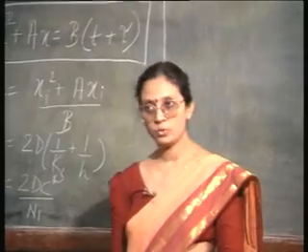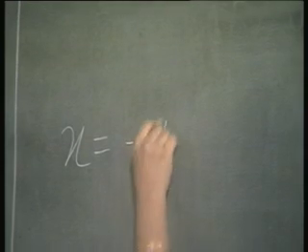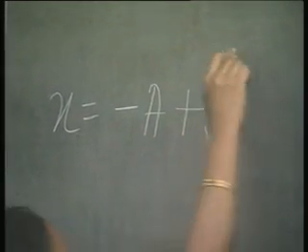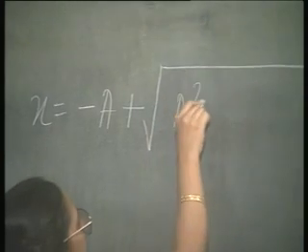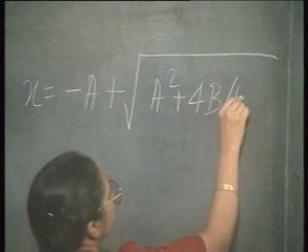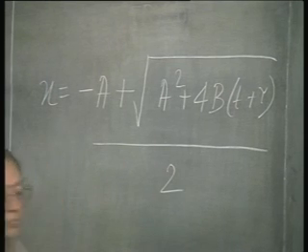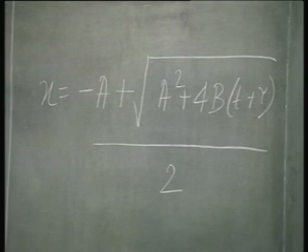In order to find the roots of this quadratic equation, I can write x is... I am taking only one root because the other root would give me a negative oxide thickness, which is practically impossible. So, I have to take only one root.